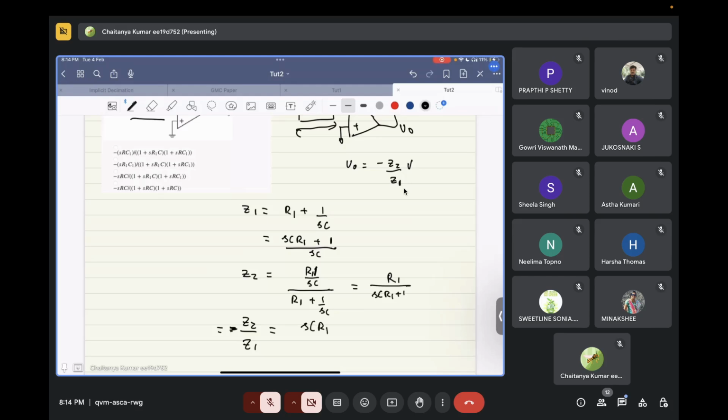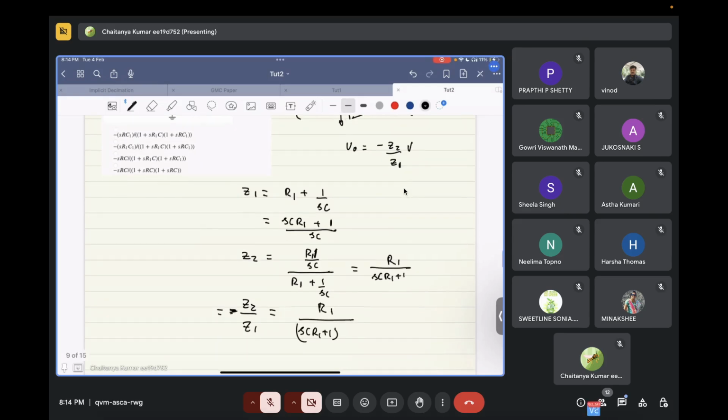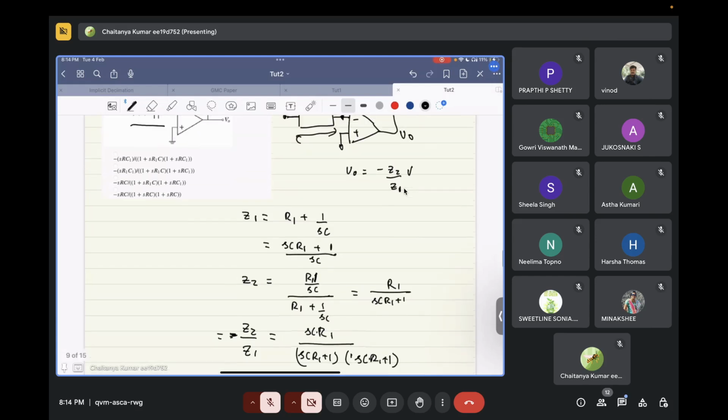Oh, sorry, it's inverted. So it's basically R1 upon (SC R1 plus 1) times the reciprocal. You can solve this also. So basically, this is what you get.